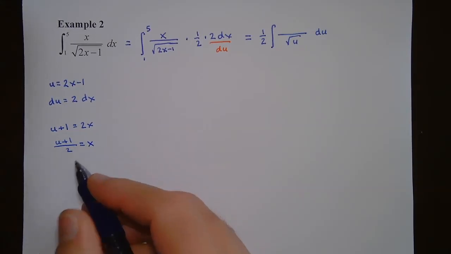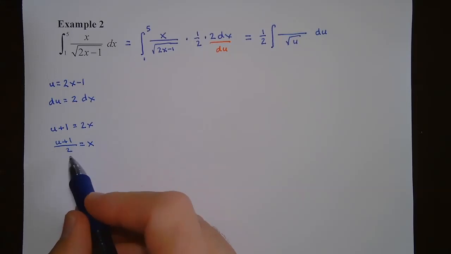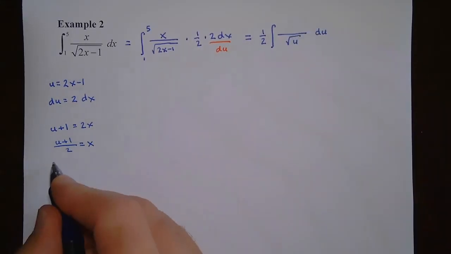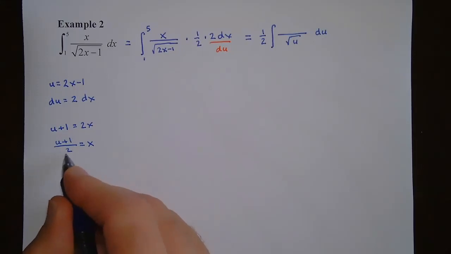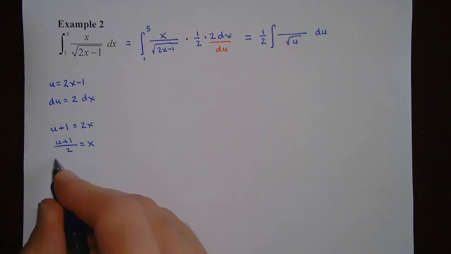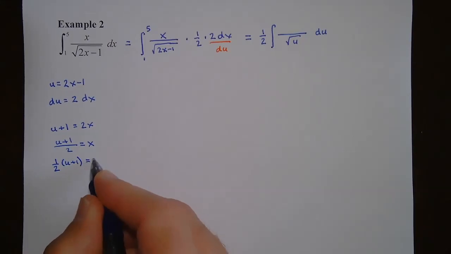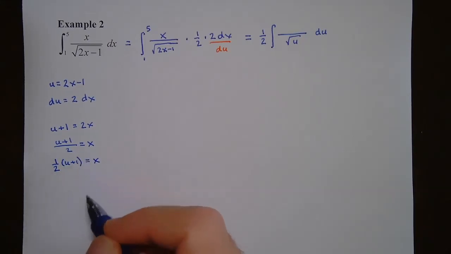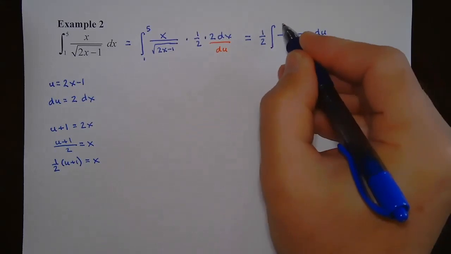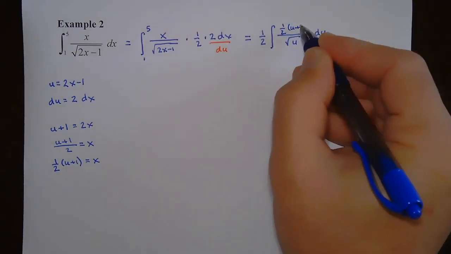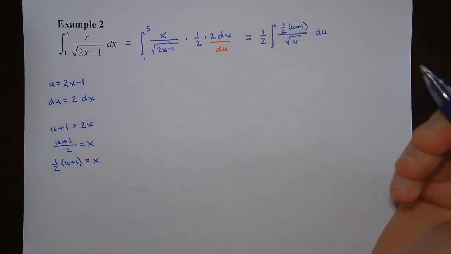Okay, so this x and the u plus 1 over 2 are the same. So, you know what, let me rewrite this. This is dividing by 2. Dividing by 2 is the same as multiplying by 1/2. So I could also write it like this: 1/2 times u plus 1 is equal to x. These are equivalent, okay? So up here, I'm going to write 1/2 times u plus 1, okay?